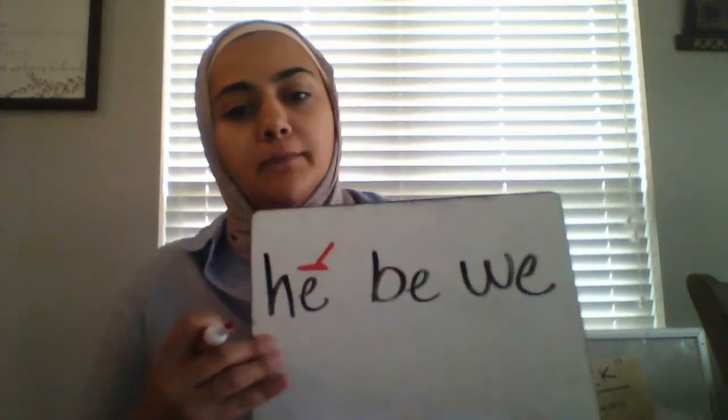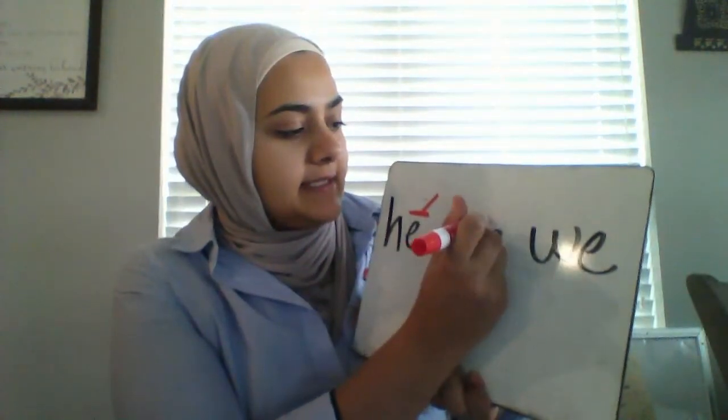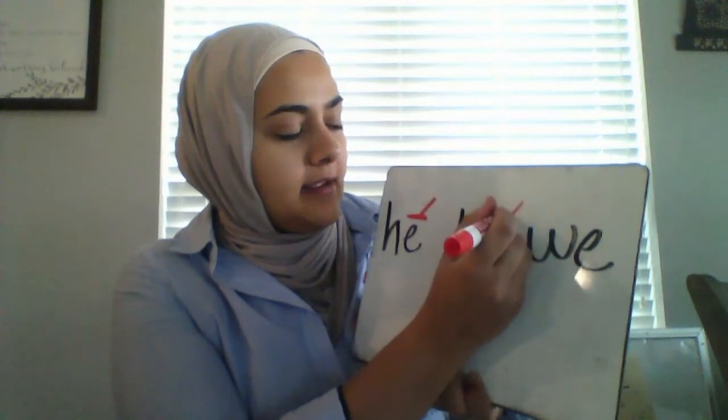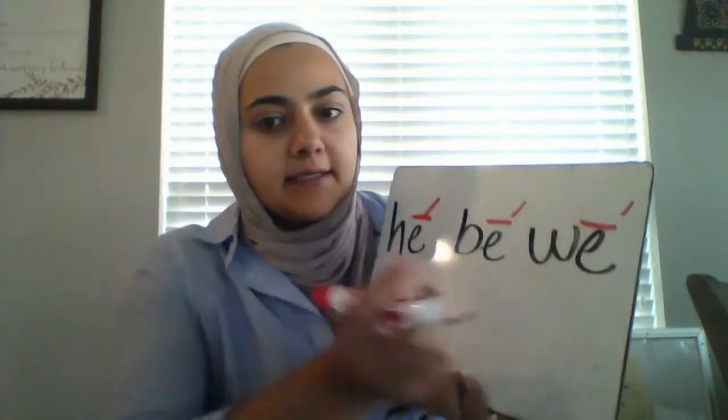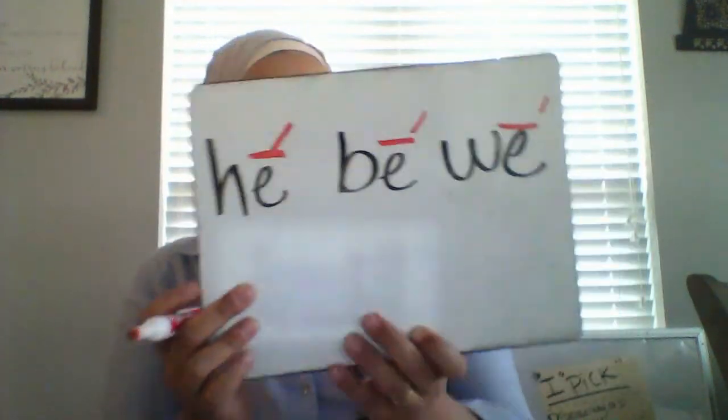All right, so let's look at these words. We have be. We're going to code be with an accent because the E is long, and then a macron, and then an accent. Same here, macron, accent. He, be, we. Very good.